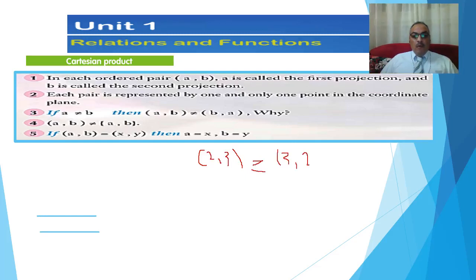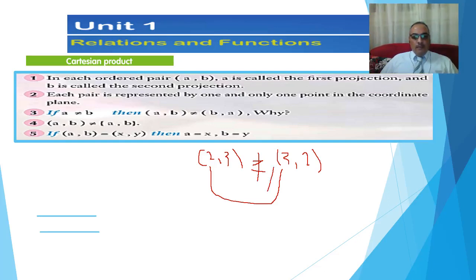No. Why? The first component 2 is not equal to the first component 3. So the ordered pair (2, 3) is not equal to (3, 2).